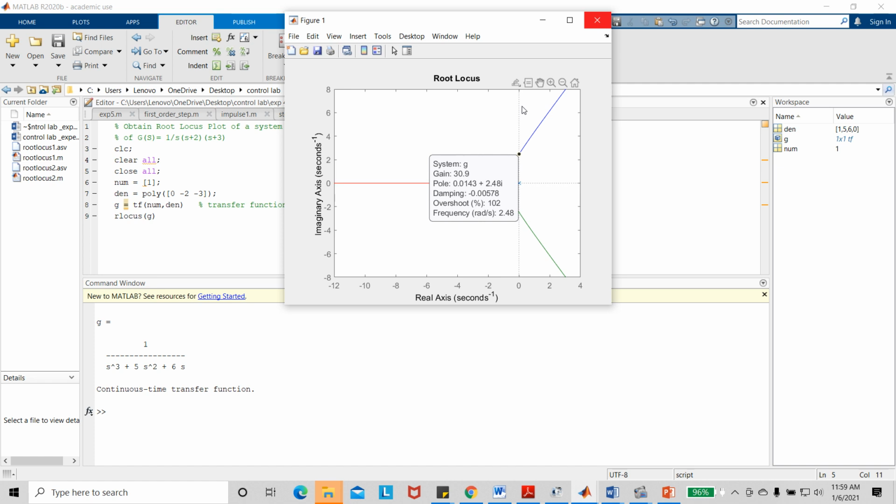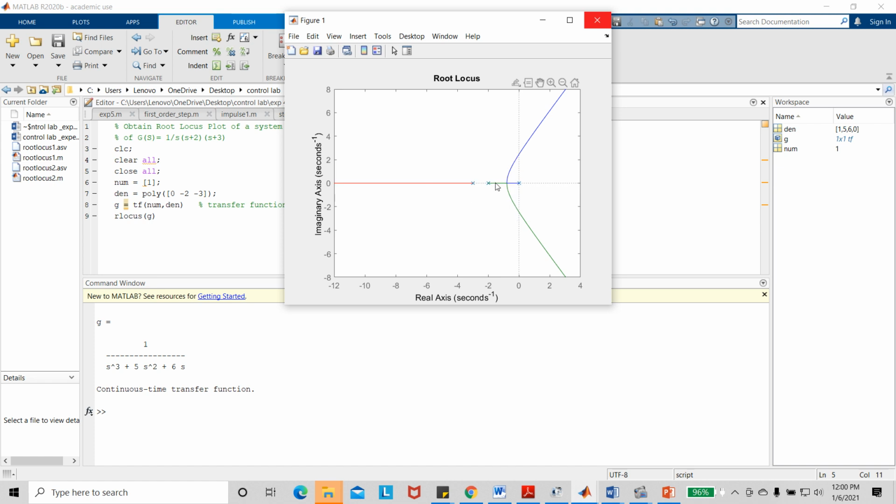Like here, at a gain of 30.9, the value of the pole is 0.0143 + 2.48i, means now the location of the pole occurs on the imaginary axis, and at that point overshoot is 102% and damping is -0.00578.